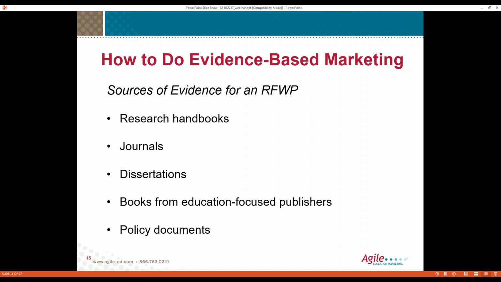And then finally, policy documents, which we've probably all seen. Occasionally you'll find some research cited in those as well. If any of you know of other sources that we don't know about, let us know in the box where you can put questions, other sources of evidence for a research foundation's white paper as well.